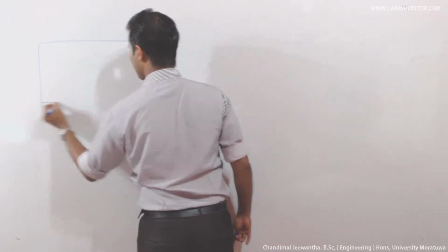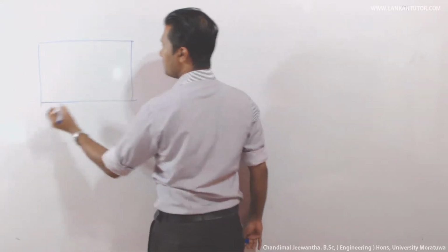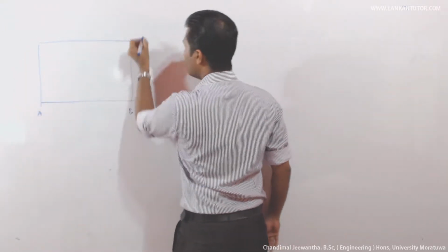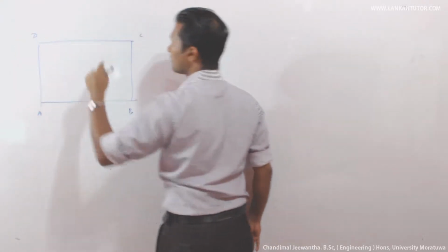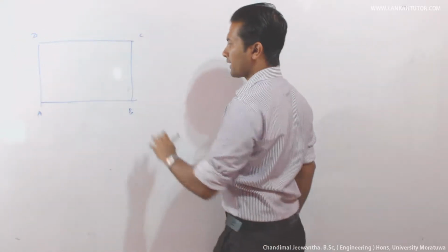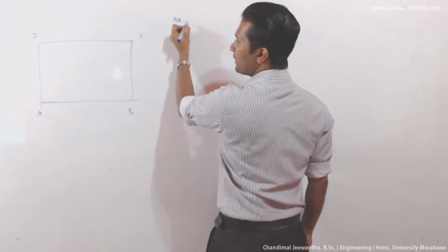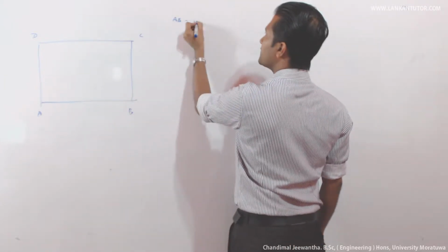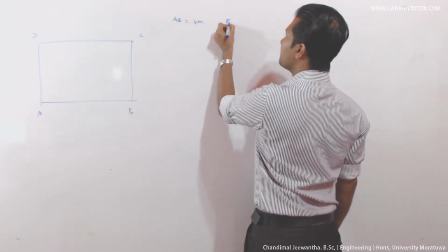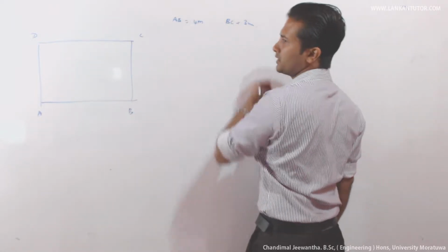Let's move on to an example. This is ABCD rectangle plate. You are given AB is 4 meters and BC is 3 meters.